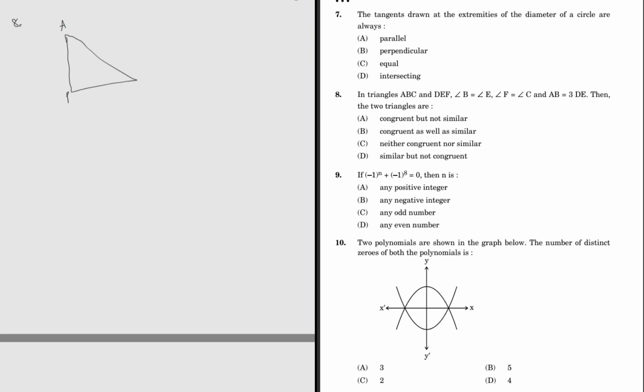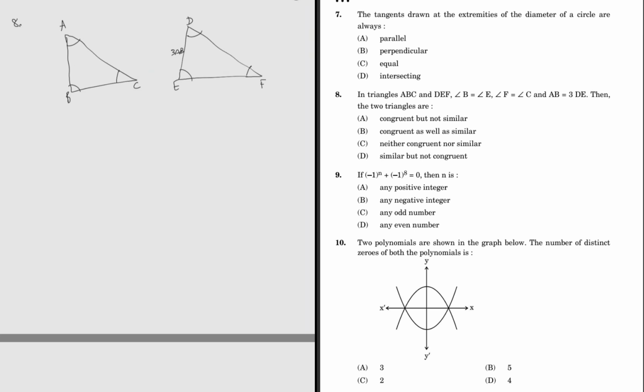Okay, this is A, B and C. And we have triangle DEF such that angle B is equal to angle E, angle F is equal to angle C. So since two angles are equal, obviously the third angle is also equal.